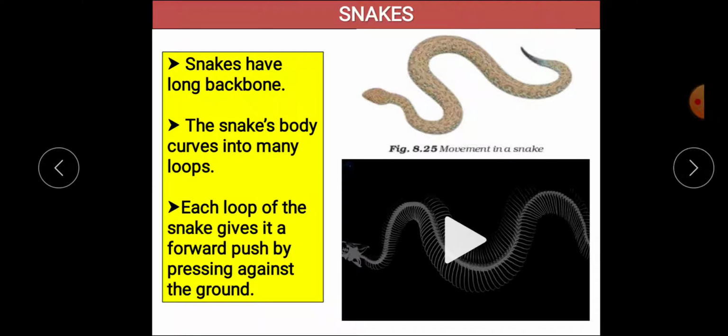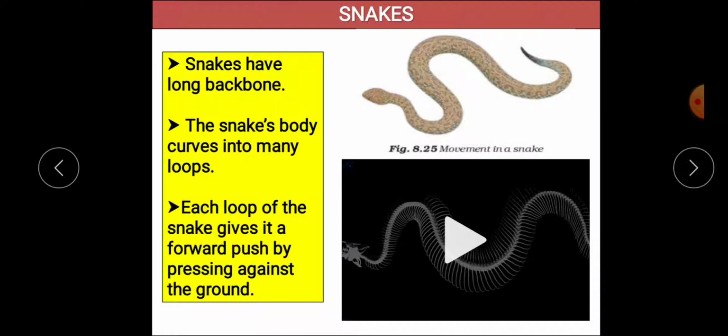The body of the snake is making 3 loops here, and a snake moves with the help of these loops only. When the snake is moving, each loop pushes the ground and jerks the body forward, and as many loops as there are, that much force will be put, and the snake can move very fast.